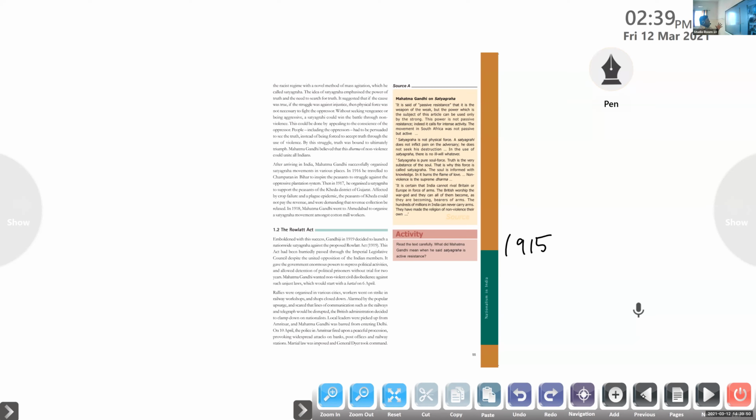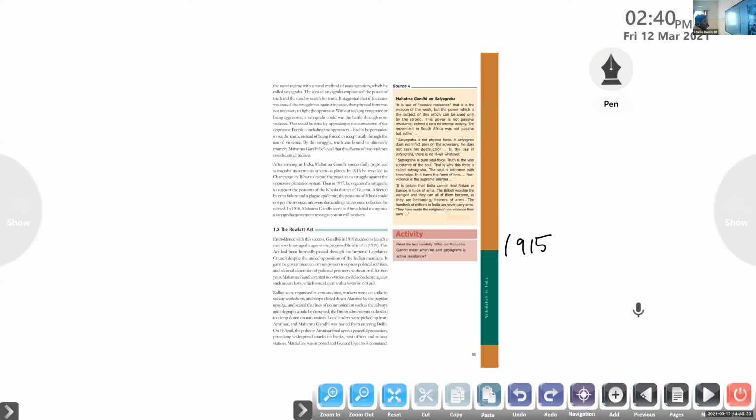It suggested that if the cause was true and we are fighting against injustice, we don't need to use any physical force or take any vengeance, I mean revenge. You don't want to become aggressive. A satyagrahi will win the battle by showing the oppressor, that means our enemy, that what he is doing is incorrect and unjust, and even the enemy will change. That is the idea of Satyagraha.